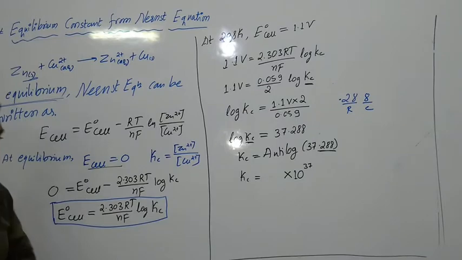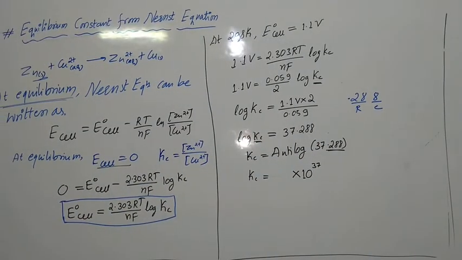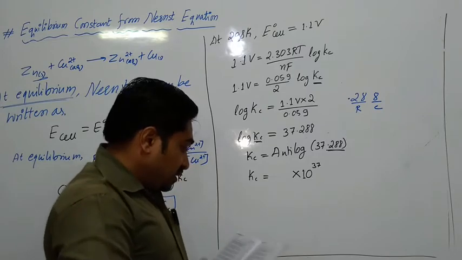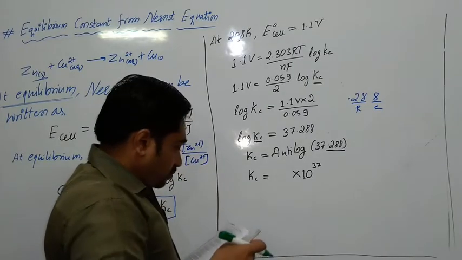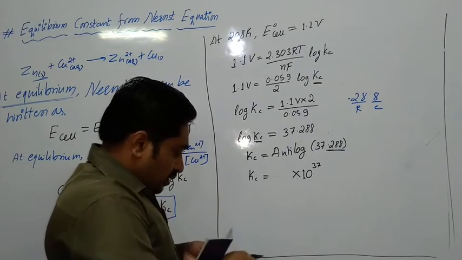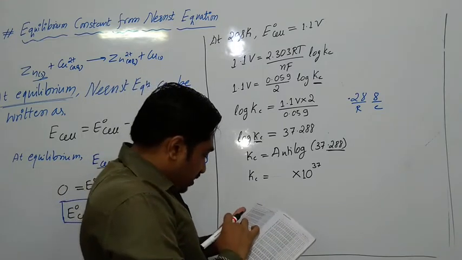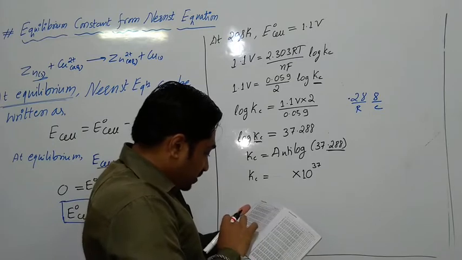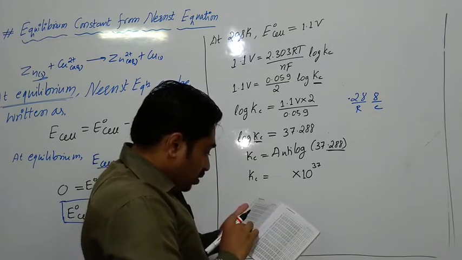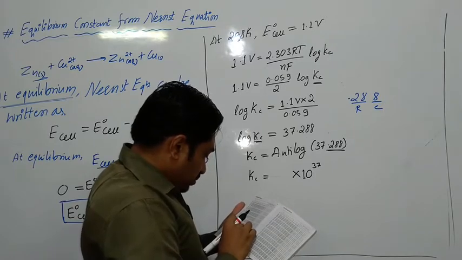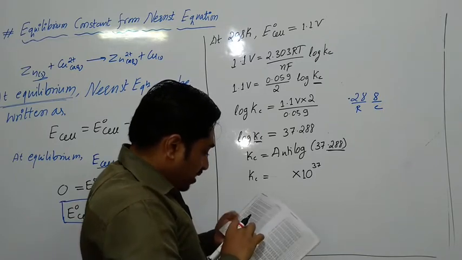So now, where is my log table? See here. Now I read the table. The anti-log of 0.28, how many columns? 8th column. 0.28 gives 1941.